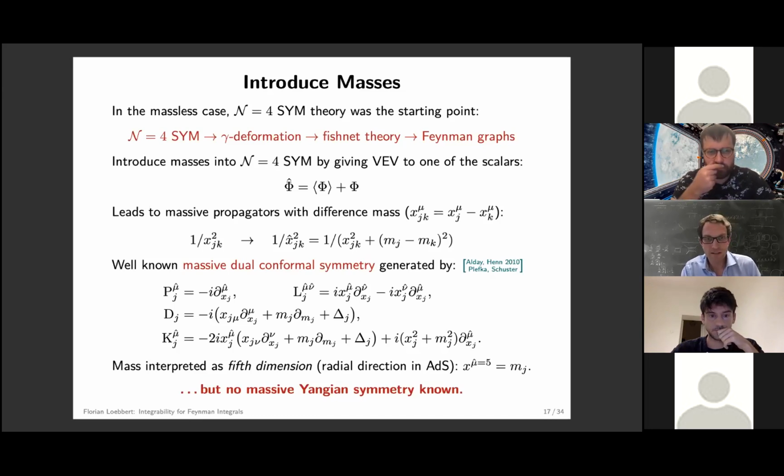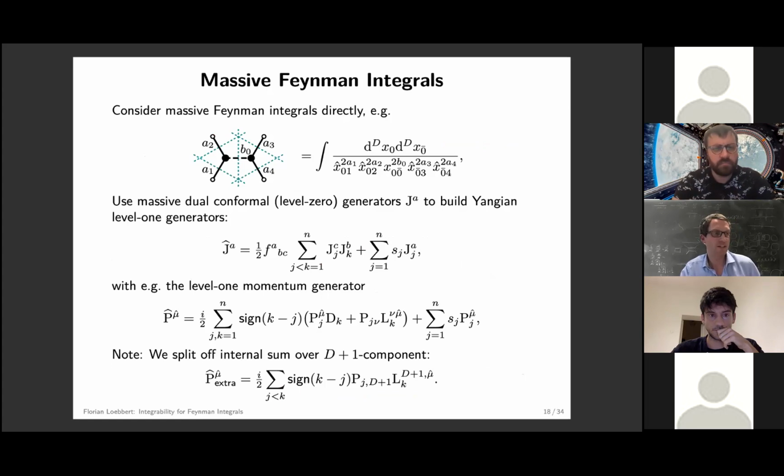So what we then did first was to look at Feynman integrals directly with masses. This graph is just to introduce the notation. Now we have solid propagators, which correspond to massive propagators, and dashed propagators, which are massless. So this, for example, is a 2-loop integral. The black lines are again the x-space graph.